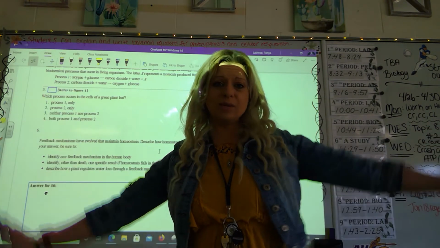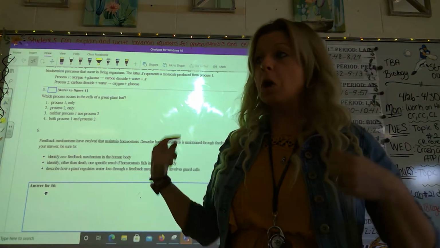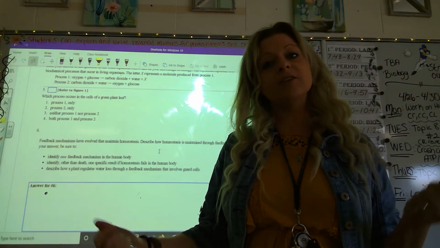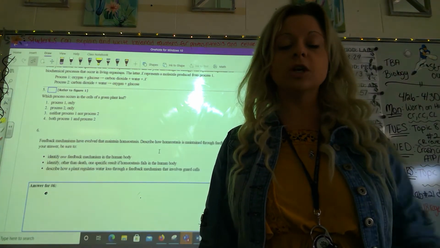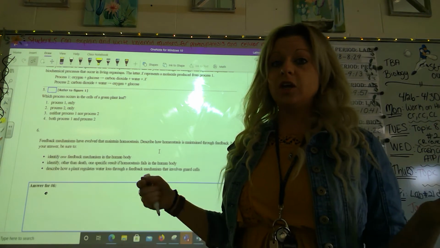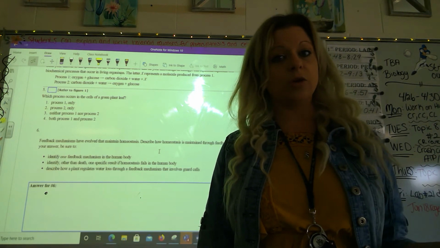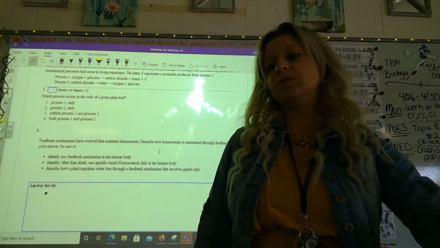So how do we maintain homeostasis? Well, when we come in every day, we have to have our temperatures taken, because if we are not maintaining a certain temperature, that indicates something. So that's one that we could use. It would indicate that we could be sick and have a disruption in our homeostasis. So then we would be sent home.